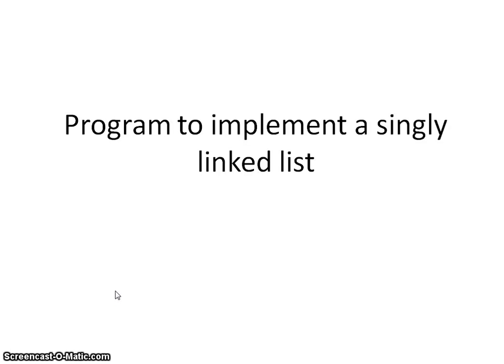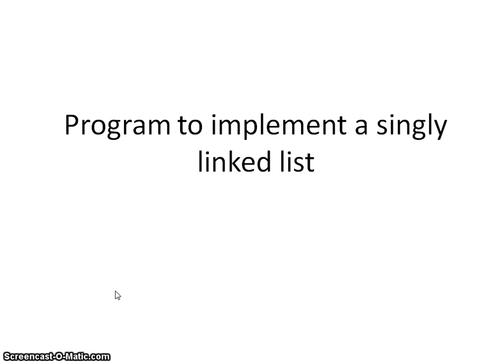In this lecture we are going to discuss the implementation of a single linked list. Before we start the discussion, let me recap the things we discussed in the previous lecture.